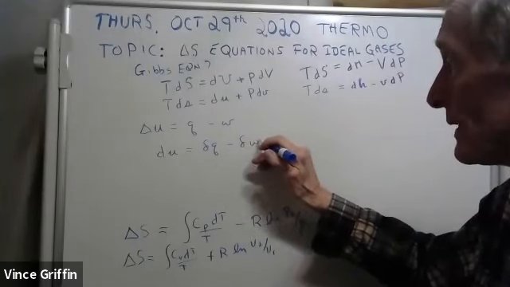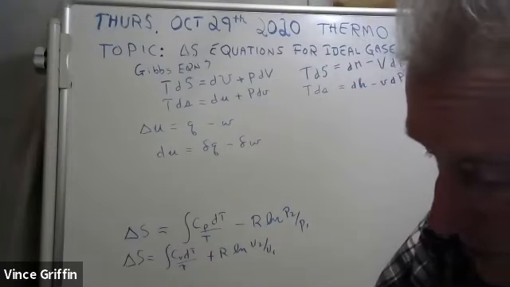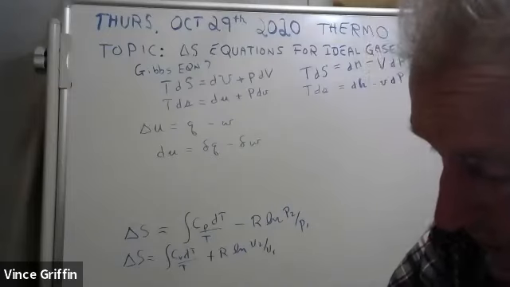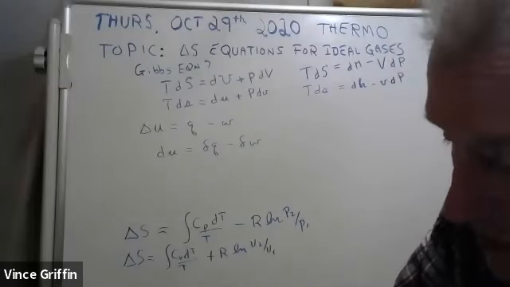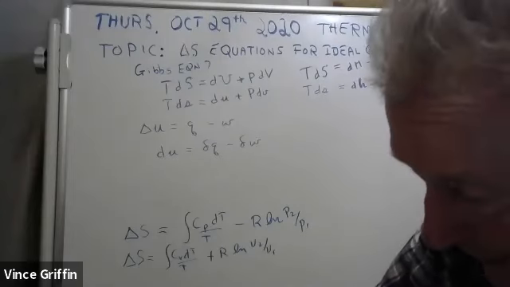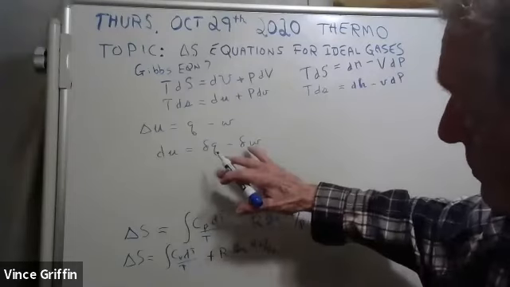Now, you can't write it as an exact differential because that implies that you have a heat at state 1 and a heat at state 2. There's no such thing. Heat is a path-dependent quantity. It depends on the process. Work is the same way.